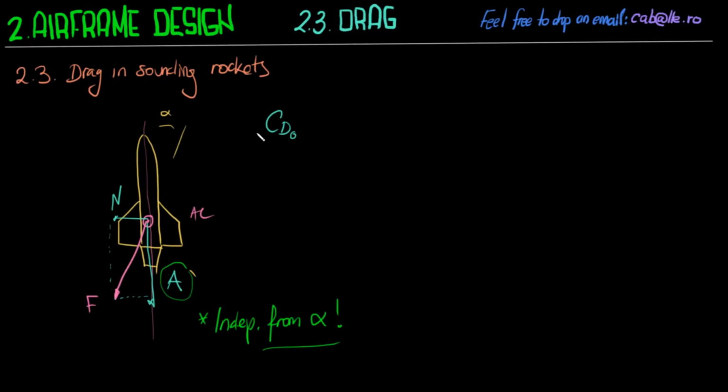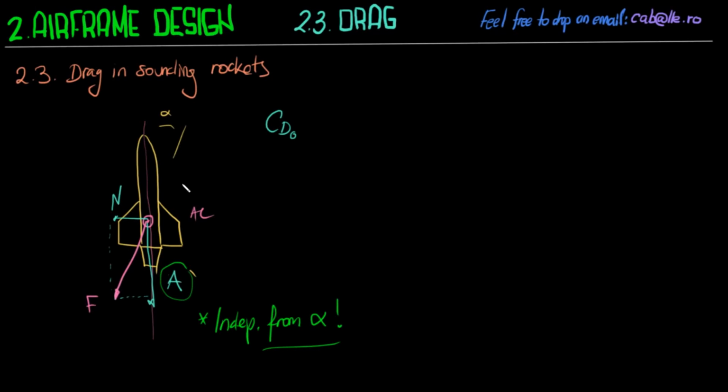So I'm going to switch to this notation just to not make you go crazy. I'll just call the axial drag force A, and the non-dimensional form CD0. We're going to work in the same way as we did with the normal force.